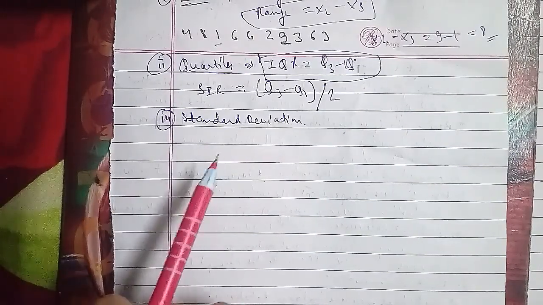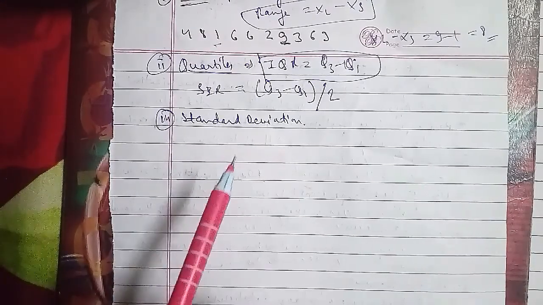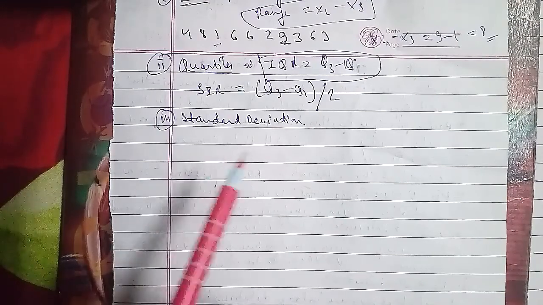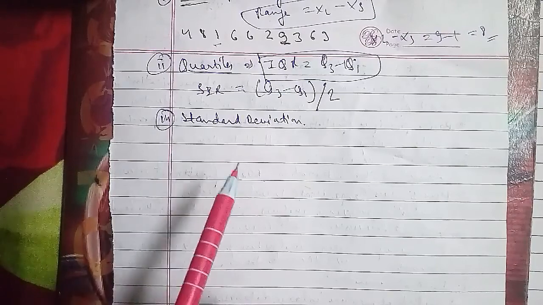Now let's talk about another one, the fourth one, which is the variance. It is defined as the average of the squared deviations, where x1, x2 till xn are the observations.